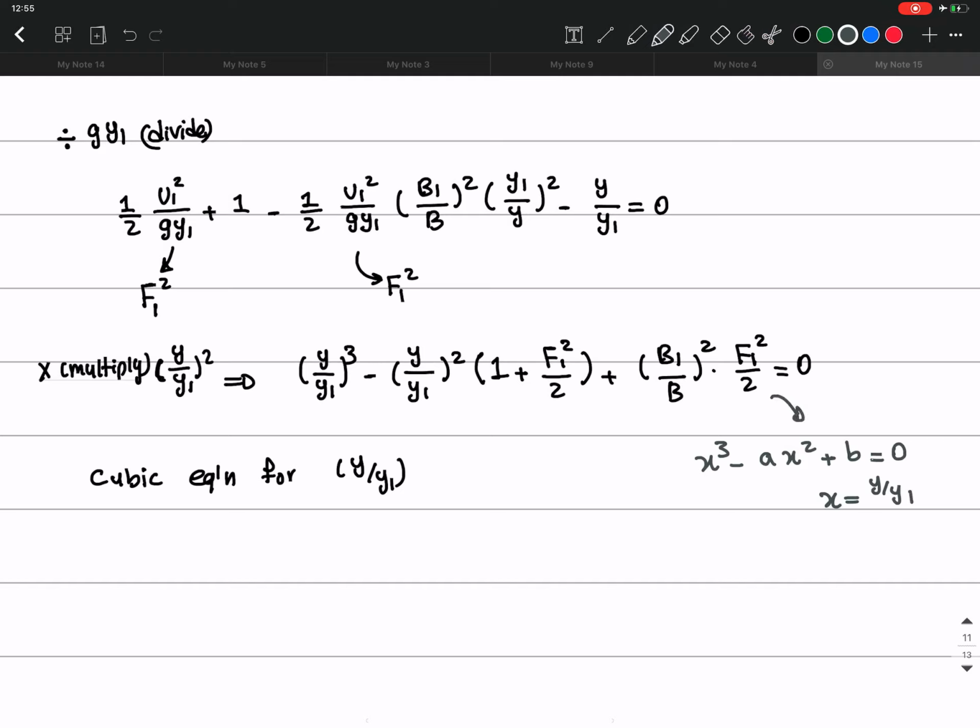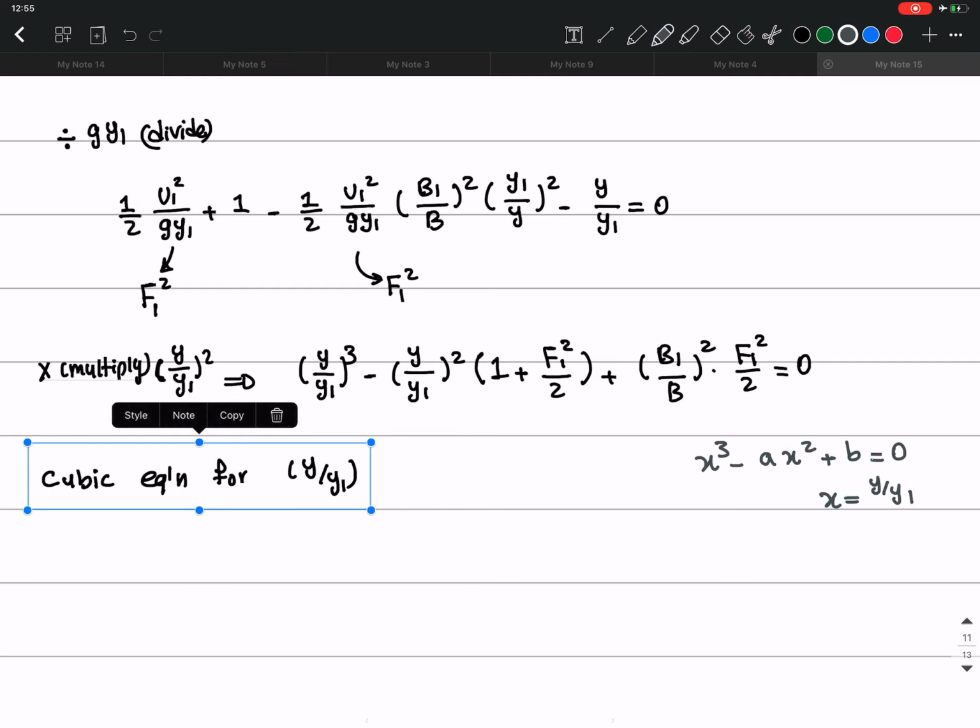So I got a cubic equation for y over y1, and this cubic equation has 3 solutions, because it's a cubic equation.